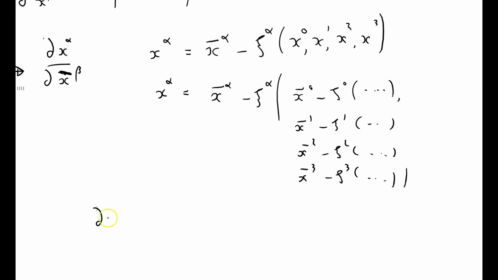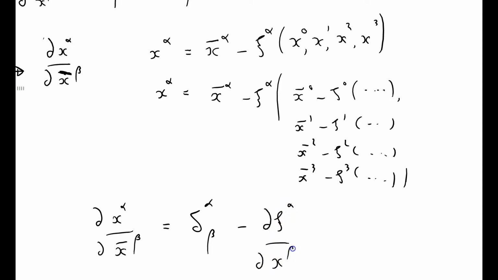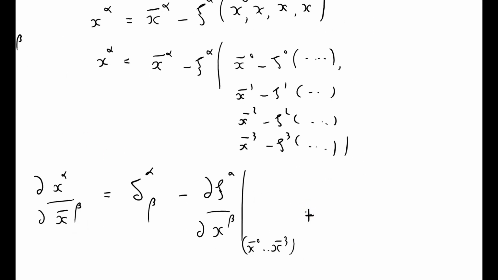And what we seek is di x alpha by di x bar beta, which equals Kronecker delta alpha beta for this term minus di psi alpha by di x beta evaluated at x bar 0 through x bar 3 minus, actually it'll be plus, won't it, because of these terms here, plus higher order terms.